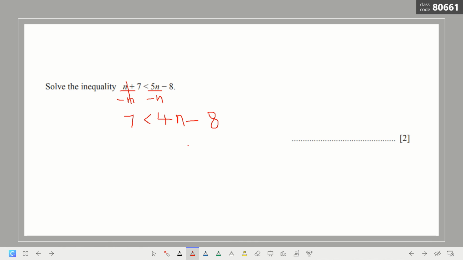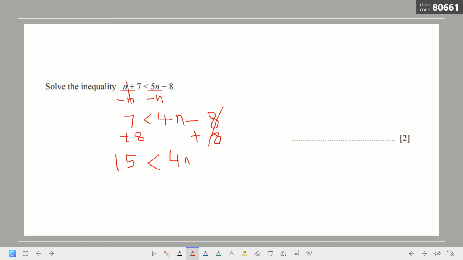Now I have to move the 8 to the other side. That means I have to put the opposite sign, plus 8 here and plus 8 here. So minus 8 and plus 8 is 0, so 4n becomes greater than, if we add them, 7 plus 8 is 15.